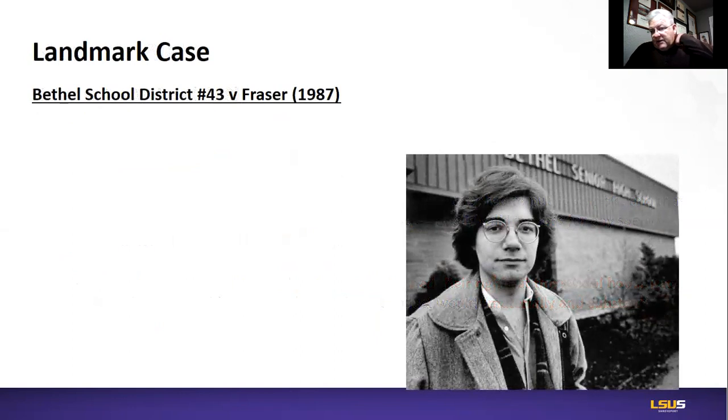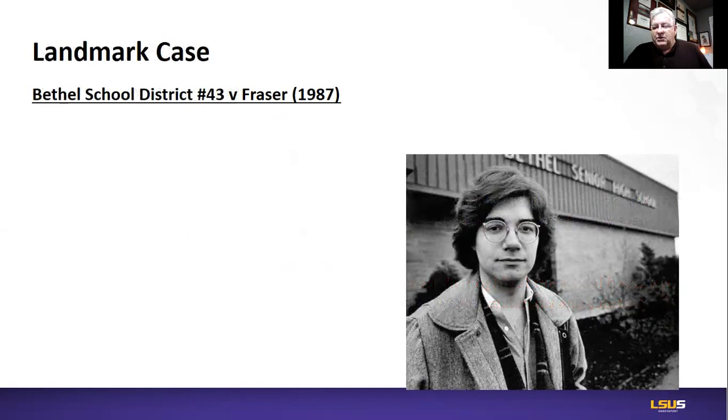In 1987, there was another landmark free speech case, Bethel School District Number 43 versus Frazier. In April of 1983, Matthew Frazier decided that he was going to deliver a speech at a school assembly in favor of his candidate for student council, or whatever student council office it was.